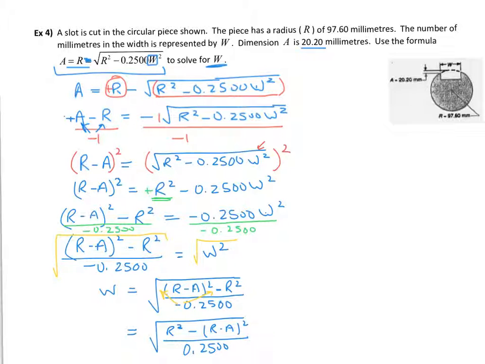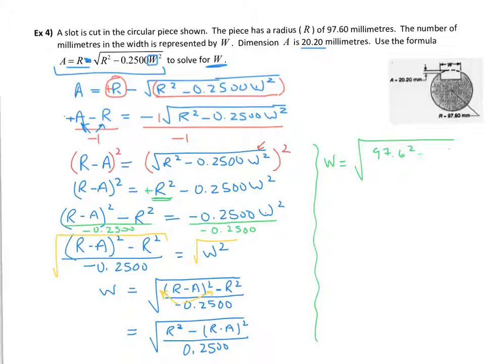Now if I want to actually evaluate, so let me just put a little line here, our W is going to equal the square root of, that capital R is 97.60. We don't need the 0 there necessarily, squared, minus 97.6. Whoops. Wrong number. Let me see if I can erase that with this tool.